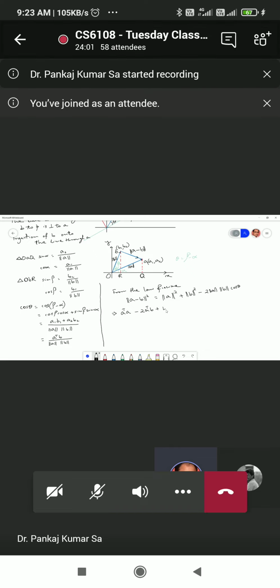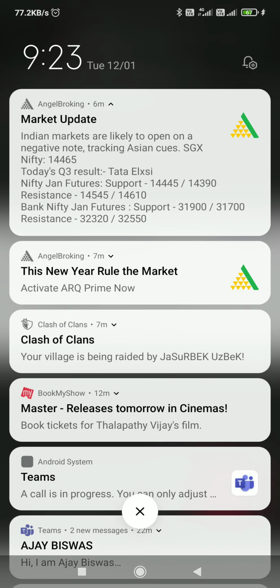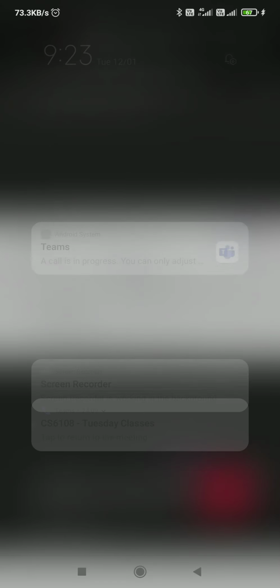What is A minus B square? Can I write it like this? A transpose A minus 2 times A transpose B plus B transpose B is equal to A transpose A plus B transpose B minus 2 times A B cos theta.